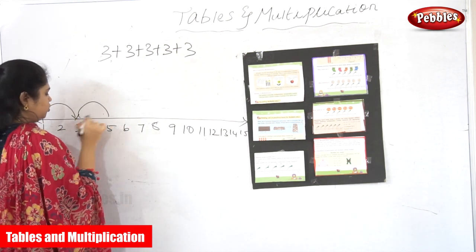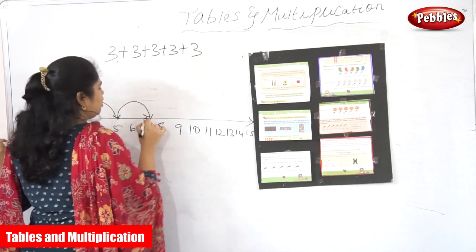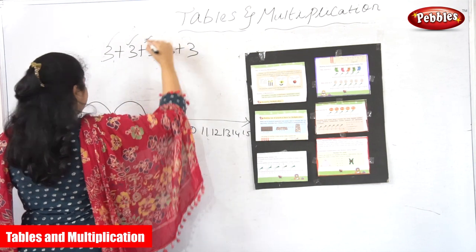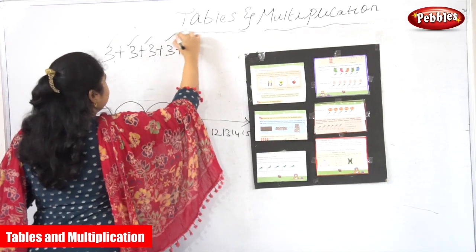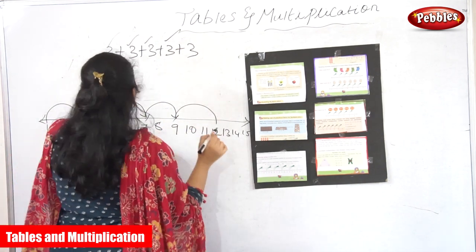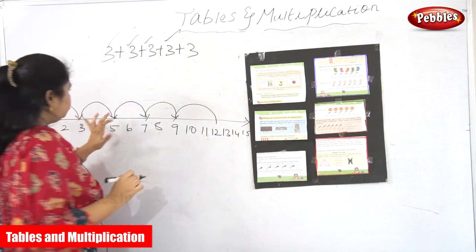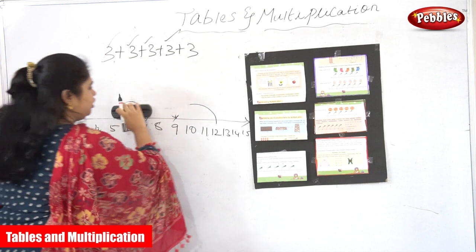Again 3. 1 2 3. Again 3. 1 2 3, finished. Next again 3. 1 2 3. Again 3. 1 2 3. Sorry, I have just drawn it wrongly. Wait a minute.